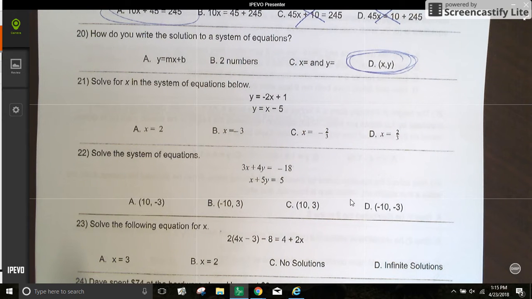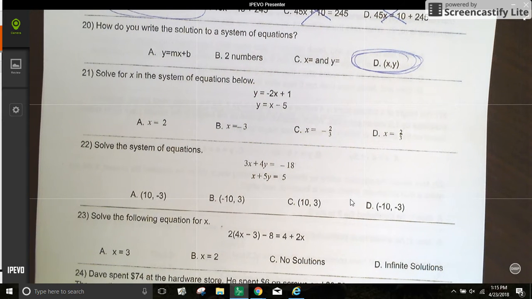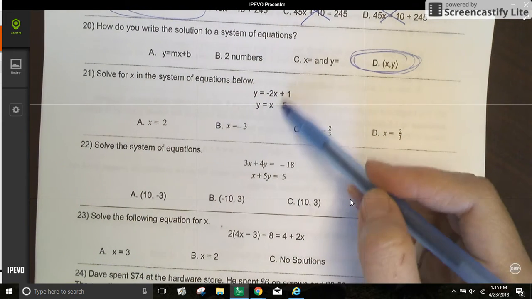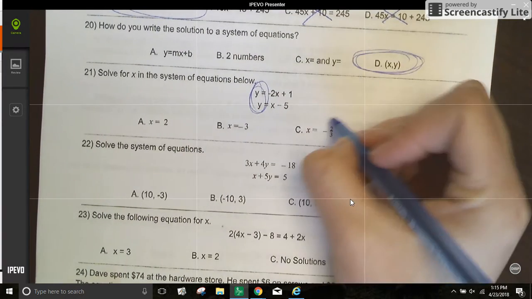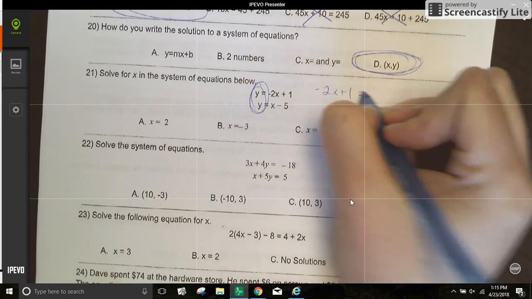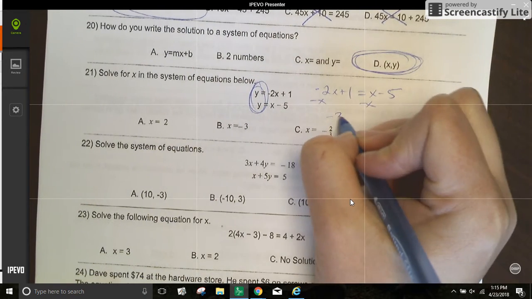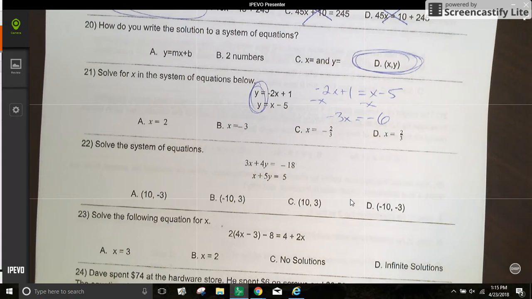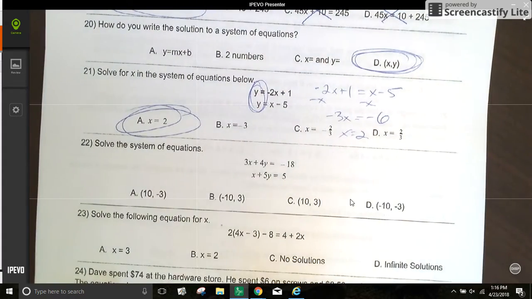21 and 22, very similar. If it's set up like this and they want you to solve, they're both set equal to y already, so basically you can just set them equal to each other. So you would want to set them equal to each other and then solve for x. So if I set them equal to each other and then solve for x, I get positive 2.